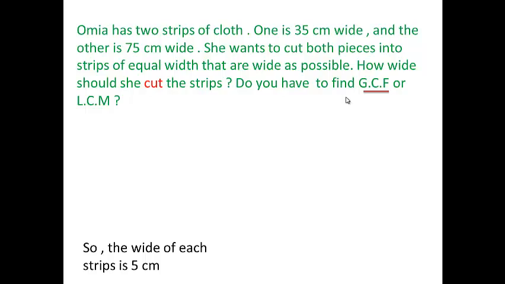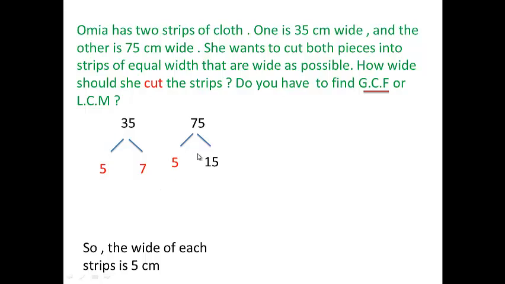So we will need to find the GCF of 35 and 75. We will write them down, 35 and 75. Now, 35, think about what numbers multiplied by each other from the timetable give you 35. Yes, 5 by 7. 5 is a prime and 7 also is a prime.